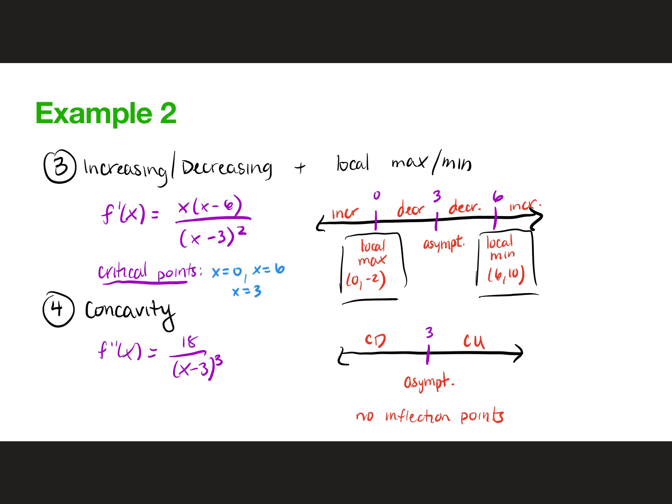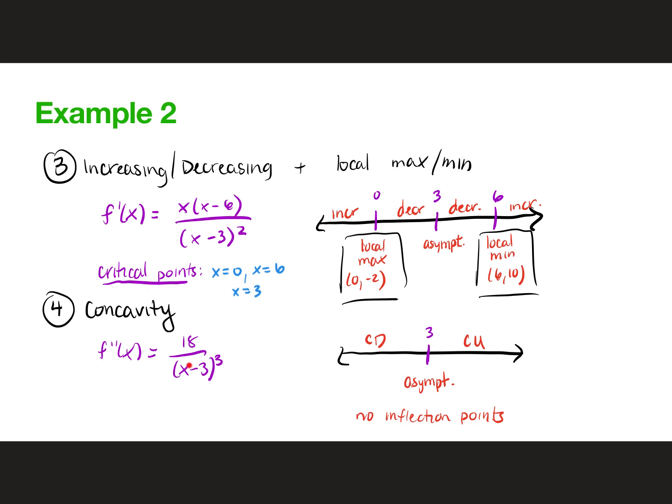And once we've done that, we can also determine whether our critical points are local max or local mins. We can find the values of those local max and min points to write them down as ordered pairs. And we note that at x equals 3, we already said that we had a vertical asymptote, so that will not correspond to a local max or a local min.